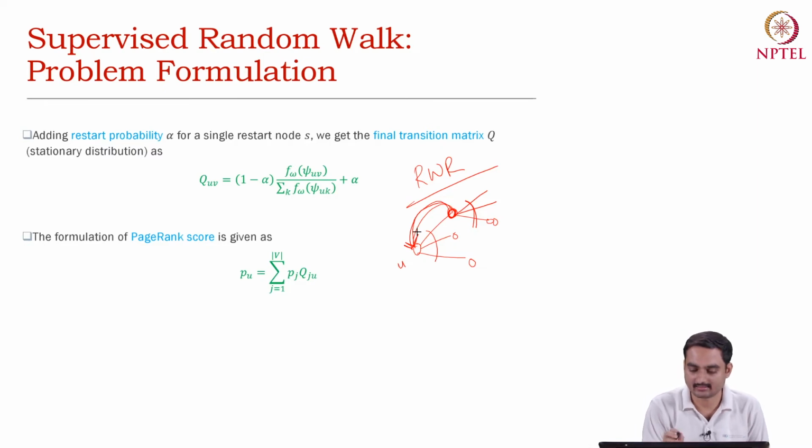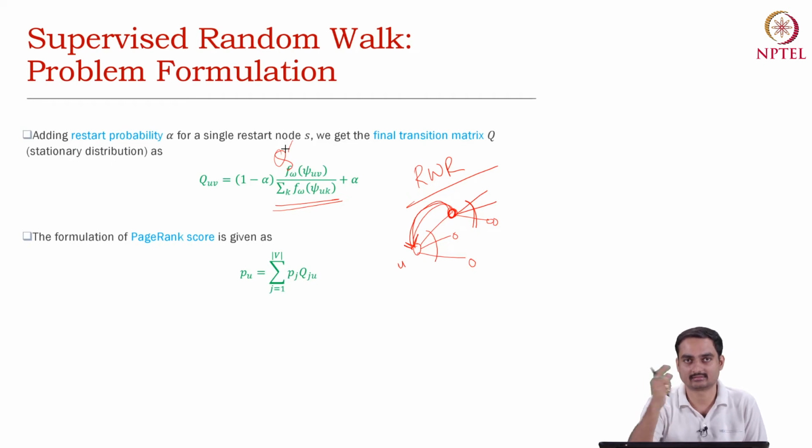So you see, in random walk with restart there are two components. The first component is the one that we already derived, which is Q dash. It's a stochastic matrix, and using the stochastic matrix you do the random walk process. Remember, in the normal random walk with restart we use the adjacency matrix for deciding whether to jump or not, or which edge to follow.